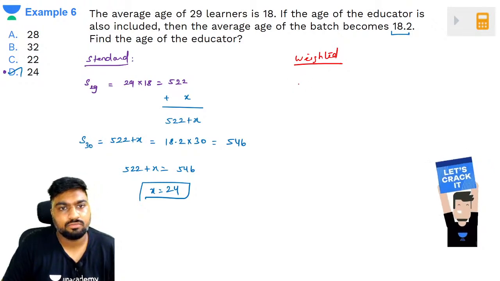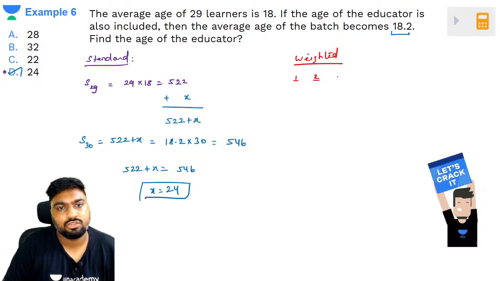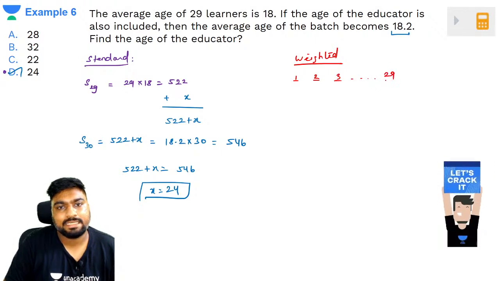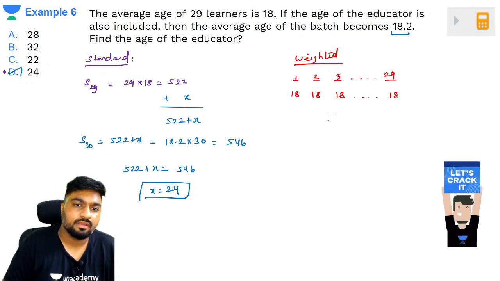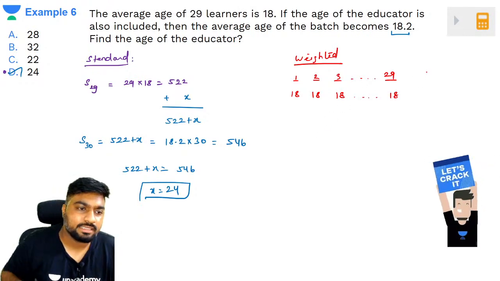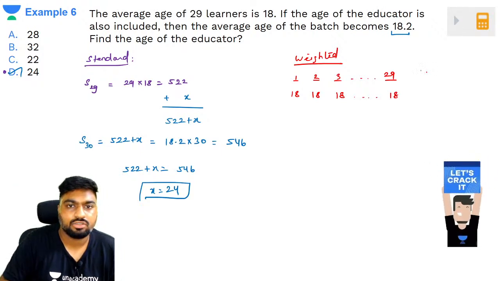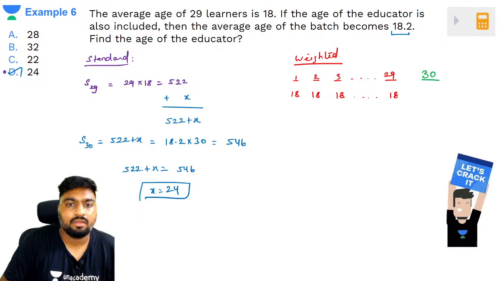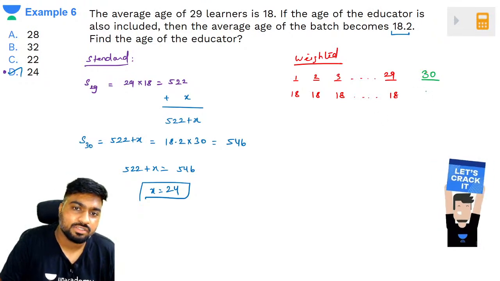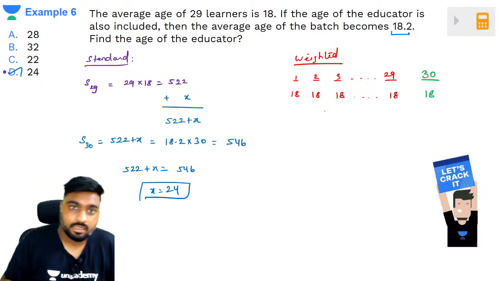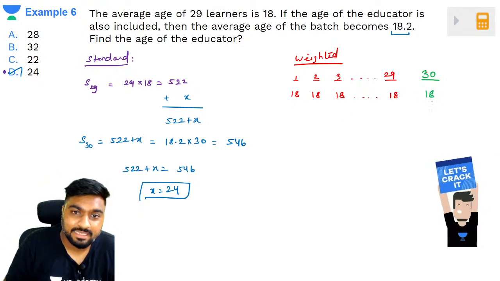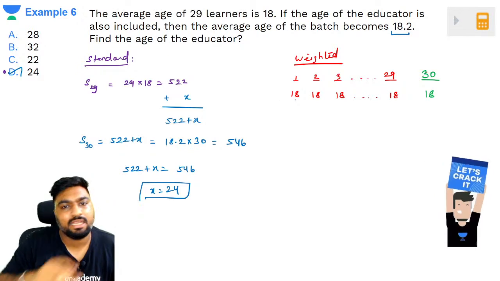I'm going to assume there are 29 learners, 1, 2, 3, up to 29 learners, all their ages are 18. This is my assumption. This 30th guy, the educator, which is me in this case, joins in. If his age was also 18, which I know I'm too old to be looking for that, but anyway, if his age is also 18, then the average would have been 18 only.